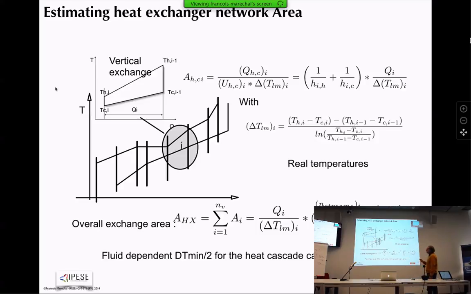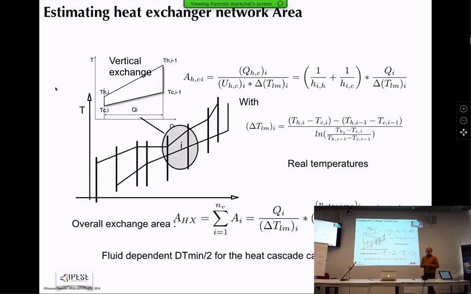calculate the overall heat exchange area by summing up the contributions of all the streams and by looking at the delta T, the logarithmic mean temperature difference in each of the vertical sections that are identified in my system, in which I will take into account the heat transfer coefficient of each of the streams. Okay?